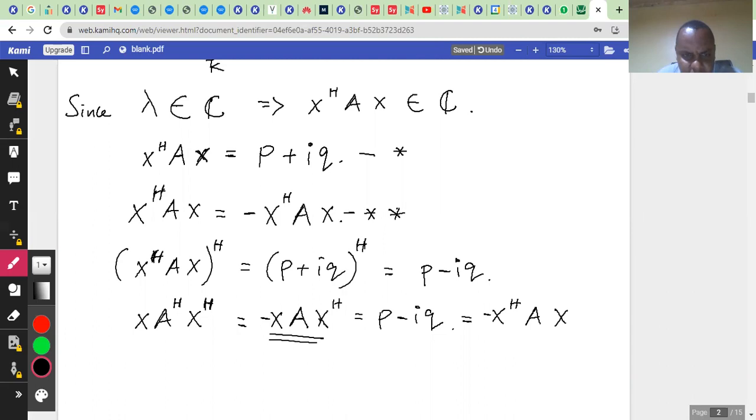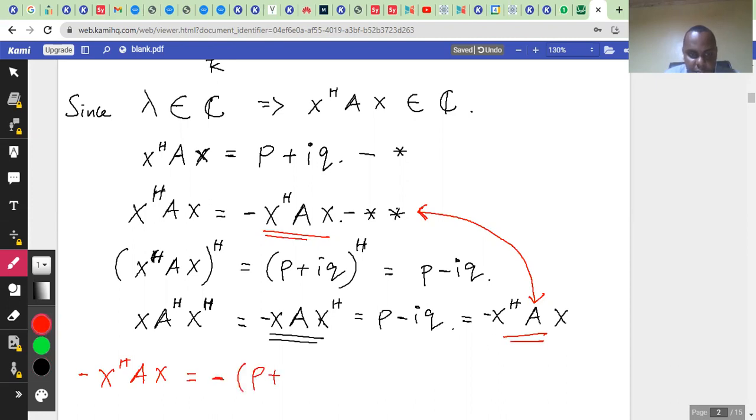So looking at this, they are the same, right? This is the same as that. So negative x^H A x is going to be equal to negative p plus iq, right?